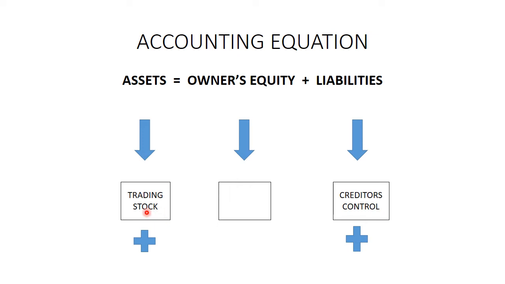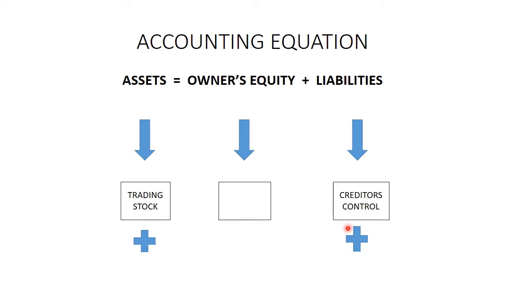And again, the owner's equity account is not affected, because two accounts are affected: trading stock, which belongs to assets, and creditors control, the external lenders or companies or wholesalers that are willing to sell goods to us on credit.